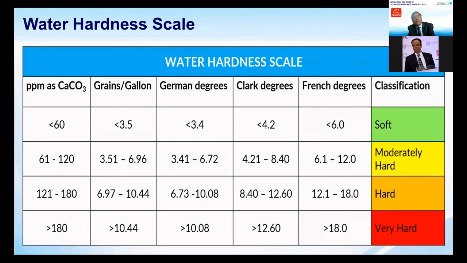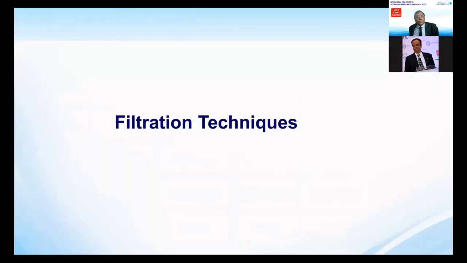If you see 60 ppm as calcium carbonate, that will be equal to less than 3.5 grains per gallon, and German hardness likewise. Medium hardness is 61 to 120 ppm, and 121 to 180 is hard water, and greater than 180 is very hard water. That's the classification of water with regard to hardness.